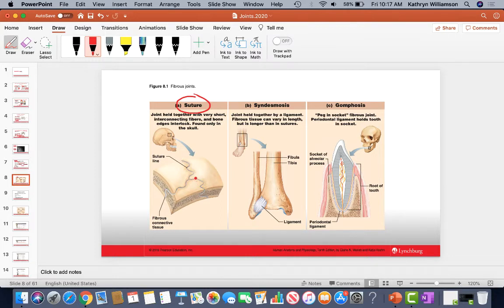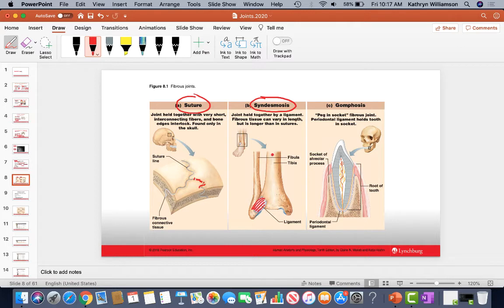We've got these tiny, very short connective tissue fibers that connect the bones, and the bones are right up against one another. So there's really no movement happening at those joints. A syndesmosis is basically the same setup, but the collagen fibers are a little bit longer, connecting the two bones with each other.